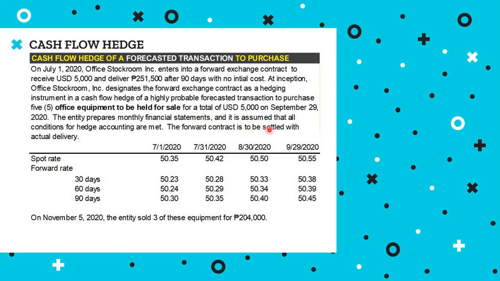And the forward contract is to be settled with actual delivery. Ibig sabihin, hindi siya isa-settle similar to our first problem. So, siya ay isa-settle with actual delivery. So, which means na makaka-receive talaga tayo ng 5,000 US dollar after 90 days. And that is on September 29, 2020.